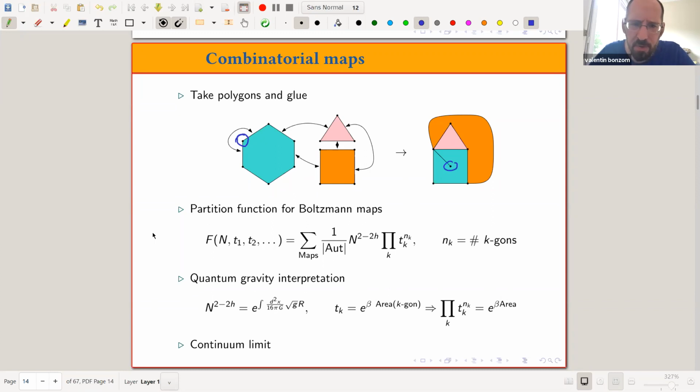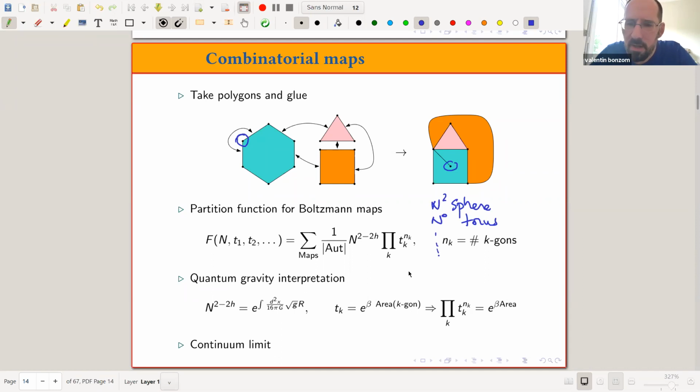So there's a partition function for combinatorial maps, which are here called Boltzmann maps because they have arbitrary weights. So it's a function that depends on an infinite number of parameters. How do you build it? It's a sum of maps, which are these objects. You can ignore the automorphism group for now. Then you have N to the 2 minus 2 times the genus. So it's something that would be N squared for the sphere, N to the 0 for the torus, and so on.